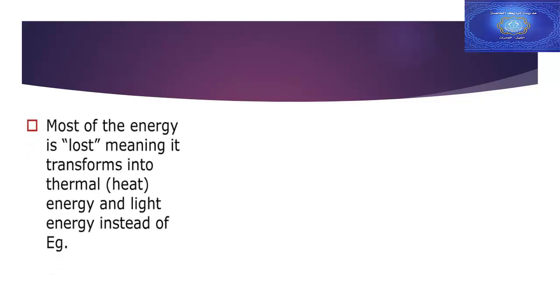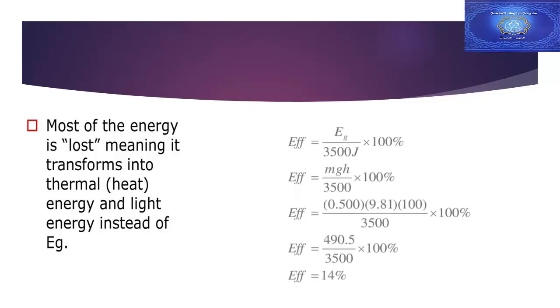In this case, we will start with the second part of the question. Where is the energy lost? Most of the energy is lost, meaning it transforms into thermal or heat energy and light energy instead of gravitational potential energy. So the energy is lost in the form of thermal energy or light. After that, we want to calculate efficiency.